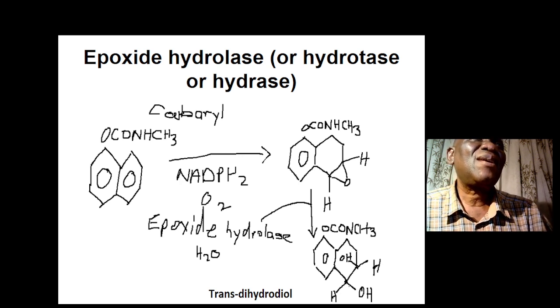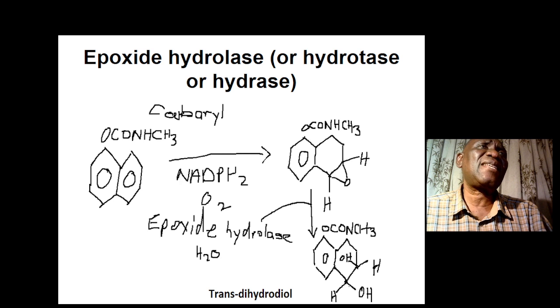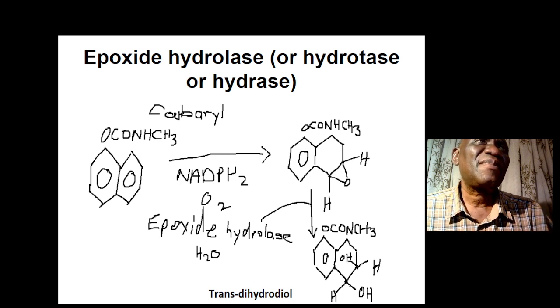But epoxide is just forming this part, which is interesting because it alters the other benzene ring and makes the pesticide less toxic.